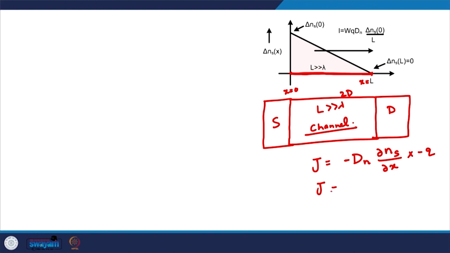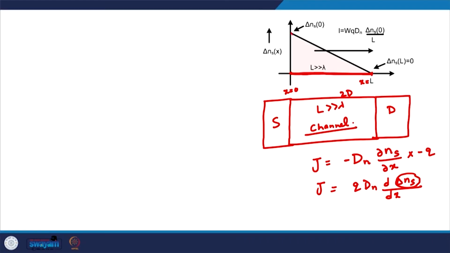So this current density will be q D d delta ns by dx, because delta ns tells us about the excess electron population on the left side and on the right side. Now from the carrier statistics, when there is no recombination generation of carriers, in the case of diffusion this profile of electrons is actually linear.